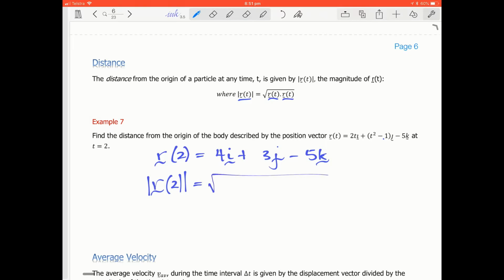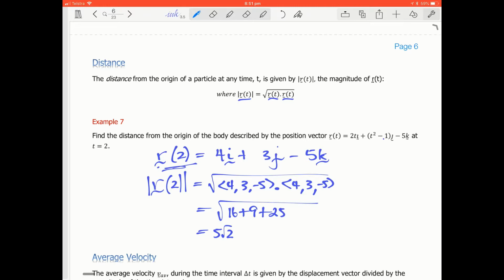Now I'm going to use the square root of (4, 3, negative 5) dotted with (4, 3, negative 5), which we know is the square root of 16 plus 9 plus 25, which is the square root of 50, which is 5 root 2. Okay, so that's the distance from the origin to the position vector r of 2.